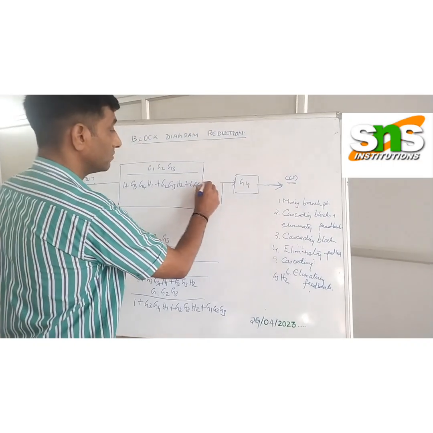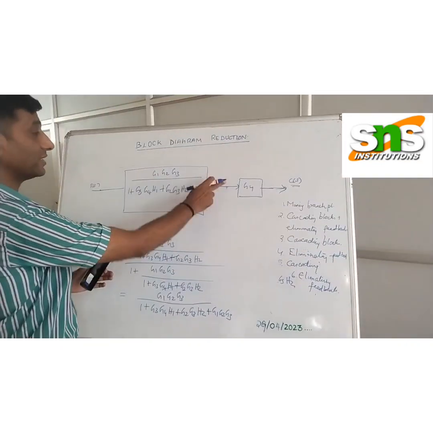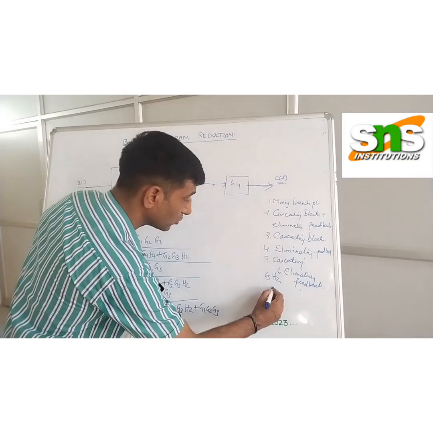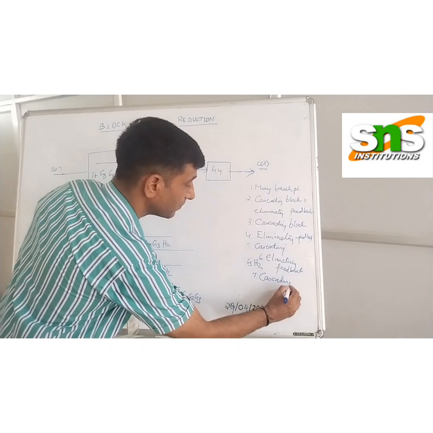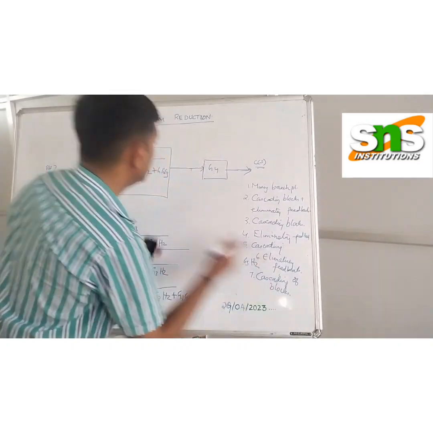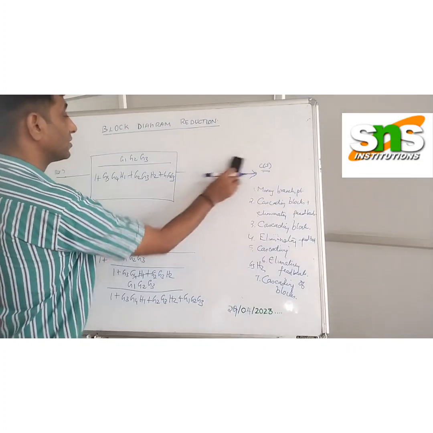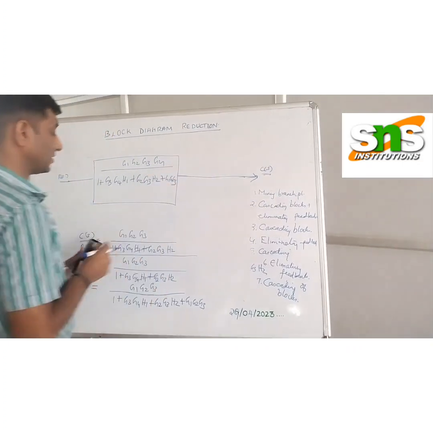So we are into the last step of solving this problem, where you can see it is just cascading of these blocks. So my step number 7 is cascading of blocks. I'll just remove this and put it over here. Now this is my final transfer function.